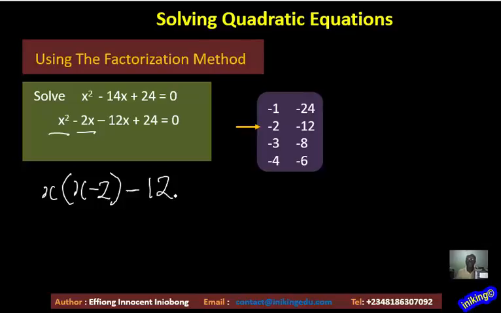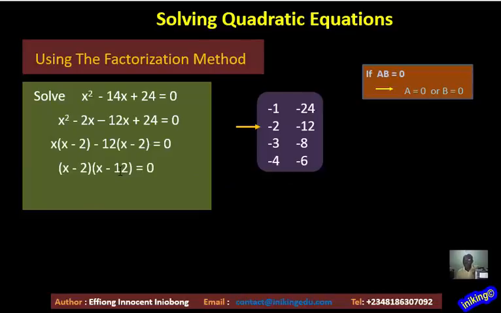You will agree that 12 is common, and I open the bracket. Minus 12x divided by minus 12 gives us positive x, and plus 24 divided by minus 12 gives us minus 2. Again, you can see that what I have in this bracket is the same as the other one, which means I'm on the right path.